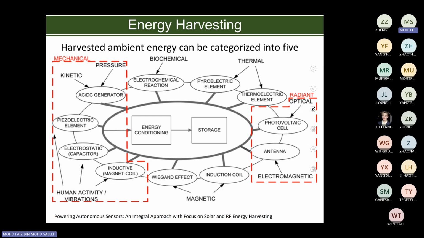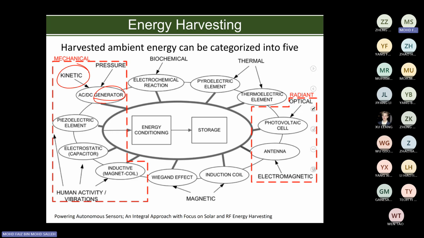For example, like we had discussed before, the kinetic. We can make use of the generator to produce electrical energy. I think in undergraduate studies, if you are from an electrical engineering background, you have learned about machine and drive. And then you also have learned about electromagnetic, the Lenz law and so on.